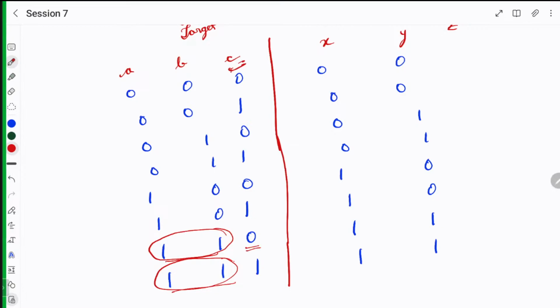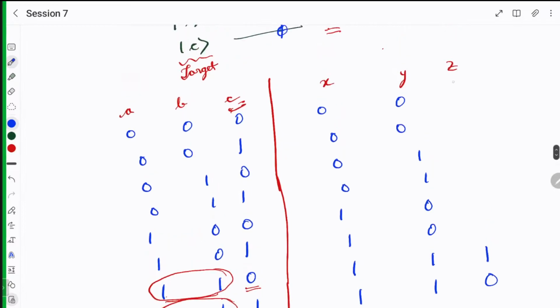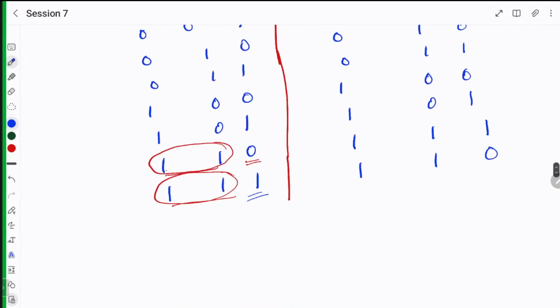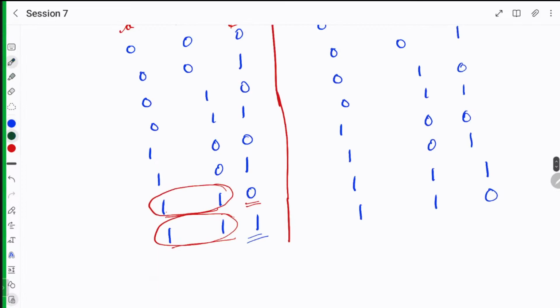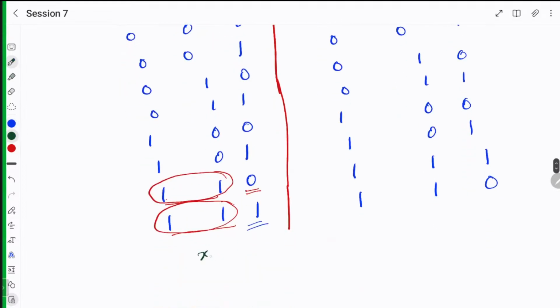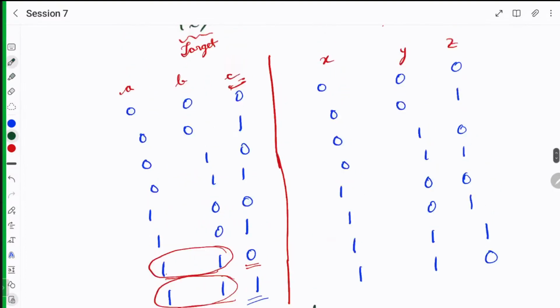So here C is 0, and since A is 1 and B is 1, here it will become 1. And here it is 1, so this will become 0. For all the rest of it, it will remain the same. So clearly X is equal to A, Y is equal to B, so they remain unchanged.